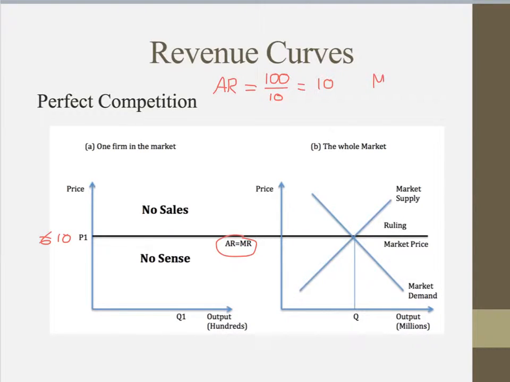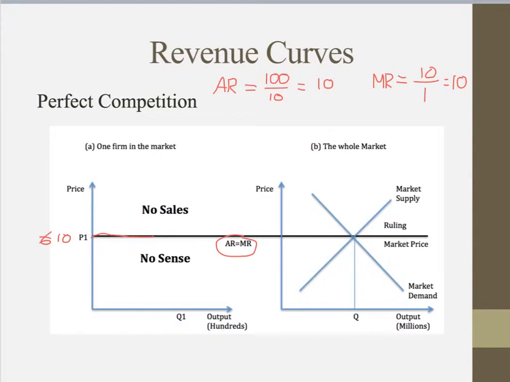Now with your marginal revenue, because this curve is perfectly elastic and horizontal, you're selling at the same price at every point along the curve. So your change in total revenue will always be £10 if you sell 1 good, and 10 divided by 1 will give us also 10.